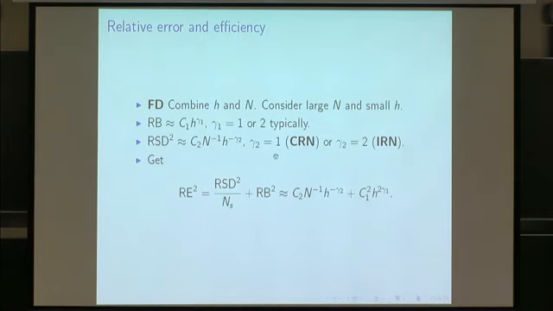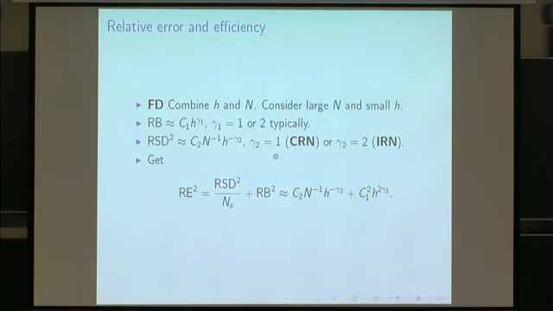Okay. Now the relative standard deviation, as a square of it, depends inversely on n, but it will depend on the variance. So I need to tell that the variance, if you use independent random numbers, the variance will be 1 over h squared, the way it depends on h.